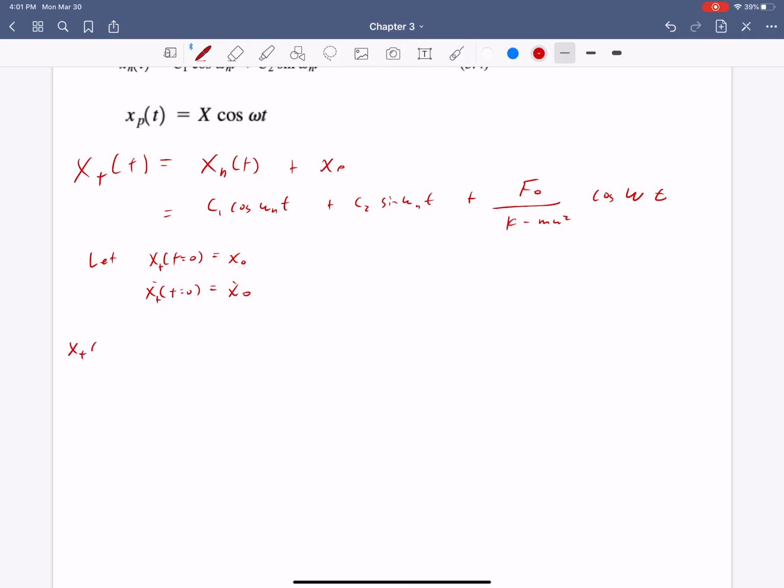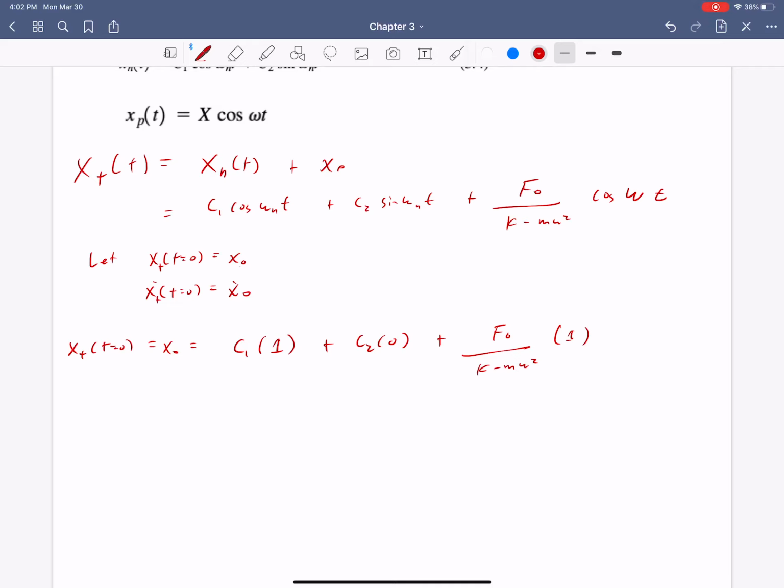So x total at t equals 0 is equal to x naught, which is equal to C1 times cosine of 0, which is 1, plus C2 times 0, because sine of 0 is 0, plus F naught over k minus m omega squared times cosine of 0, which is 1.